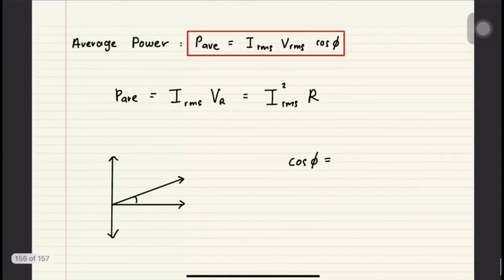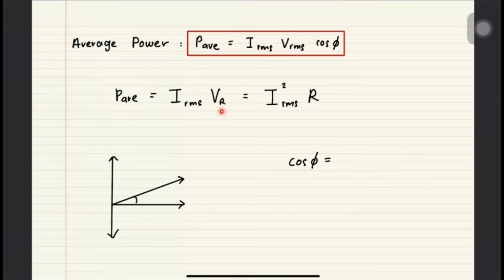And it has a specific formula. P average equals I RMS V RMS cos phi. So besides half I naught V naught, we can write in terms of I RMS, V RMS, but make sure you write it in terms of cos phi. Cos phi must be there. Actually, because power loss only occurs in the resistor, your P average is still IV, but you must use VR, because you want the voltage across the resistor.